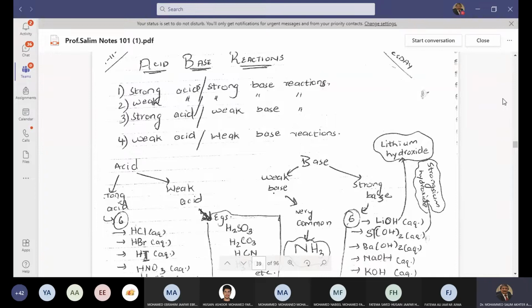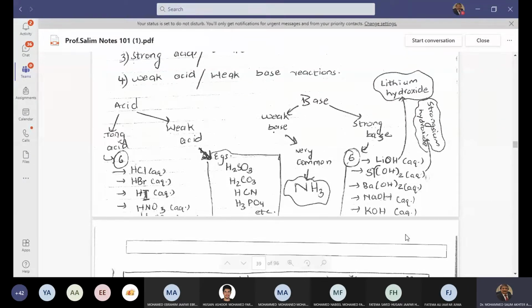Strong acids, there are only 6 in the world. Last time I gave you the names also: hydrochloric acid, hydrobromic acid, hydroiodic acid, nitric acid, and there are 2 more which are missing here. Write it down in your notes.